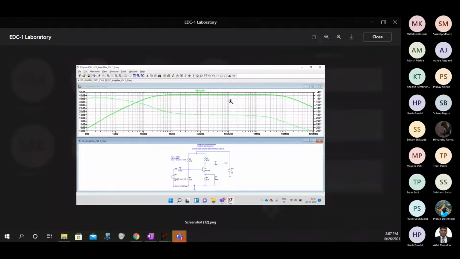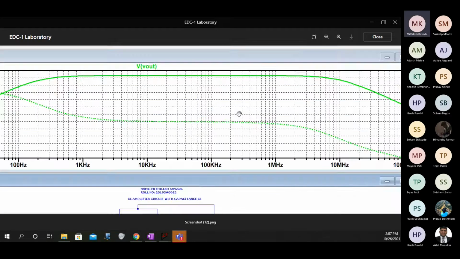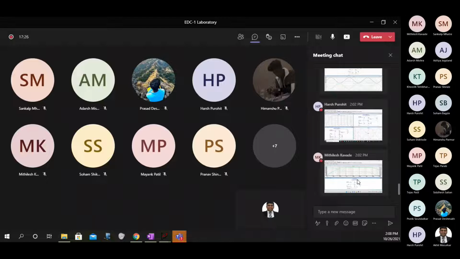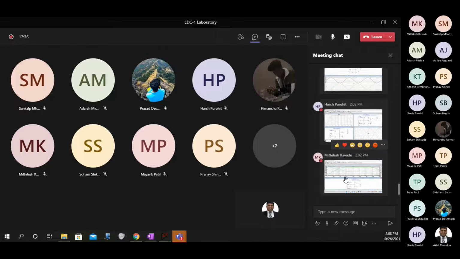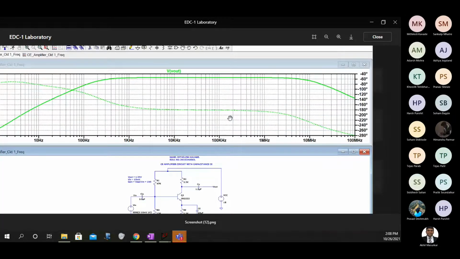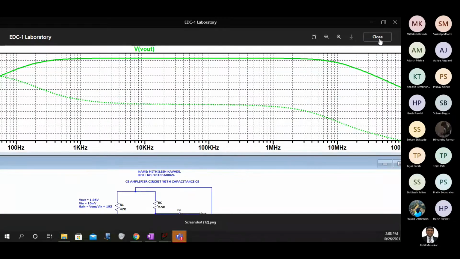Your maximum value is also at 46 only, na? Okay, sir. See, when you just plot it in half the page, it will look like this. You are plotting it in full screen, right? So it is an expanded view of that. It's not wrong.